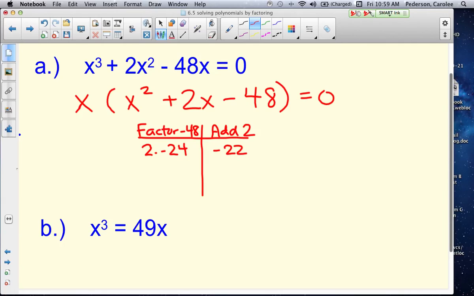Well, that doesn't work. So then you'd say, how about 6 times 8? We're negative 6 and then a positive 8. When I add those together, I get positive 2, which is the one I want. So there is my negative 6 and 8 that I will split up.